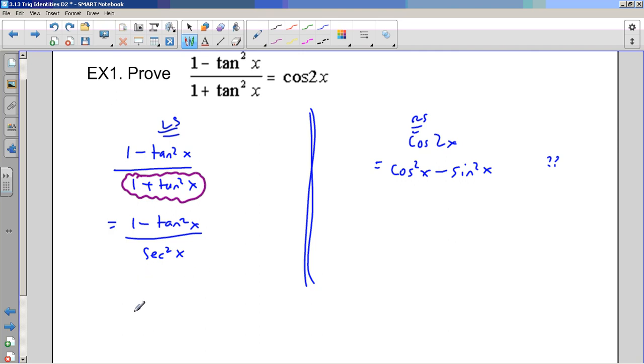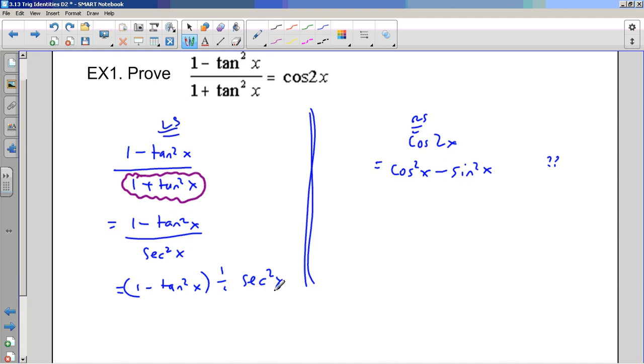And what am I going to do now? Well, I know that this is 1 over cosine theta, rather, 1 over cosine squared theta. But if I put in 1 over cosine squared theta there, it would be a fraction over fraction. That's no fun. I'm going to write it this way. All right, this thing divided by this thing.